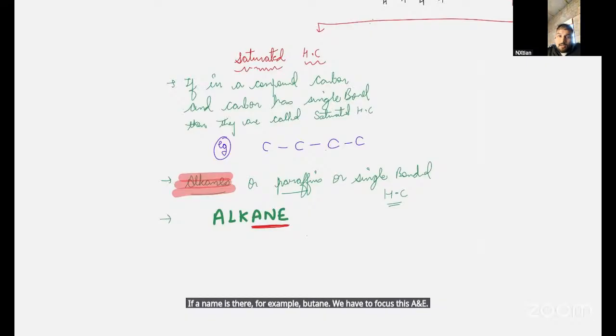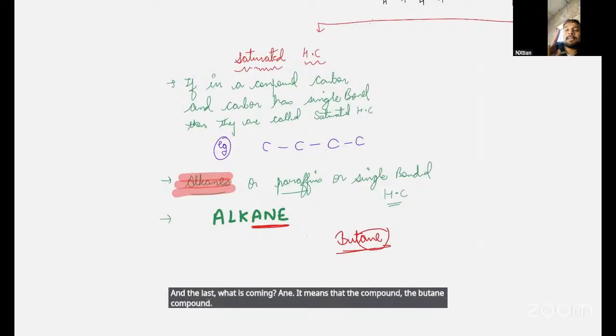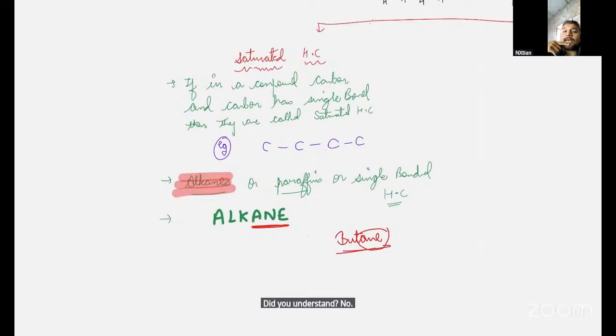If any name has ANE in the last, for example butane, it means that in the butane compound, all carbon atoms will have single bond. Did you understand? Now, if I say pentane, in the last what is coming? ANE. So in pentane, all the carbons will have single bond. That is the meaning.